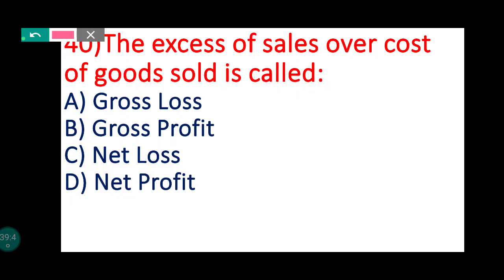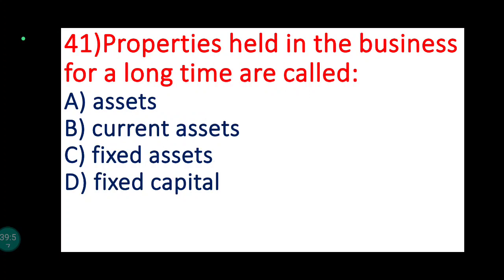So if the sales is more than the cost of goods sold, it is known as gross profit. Point number 41. Properties held in the business for a long time. For the long time, if properties are held in the business, it is known as fixed asset or non-current asset.